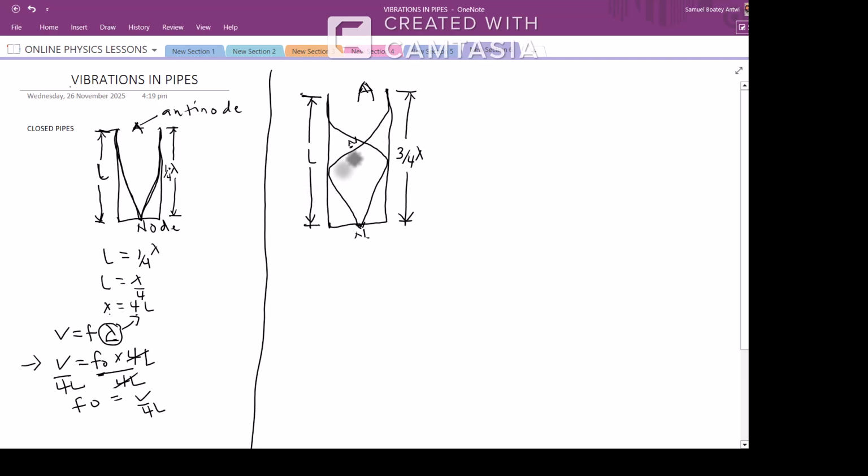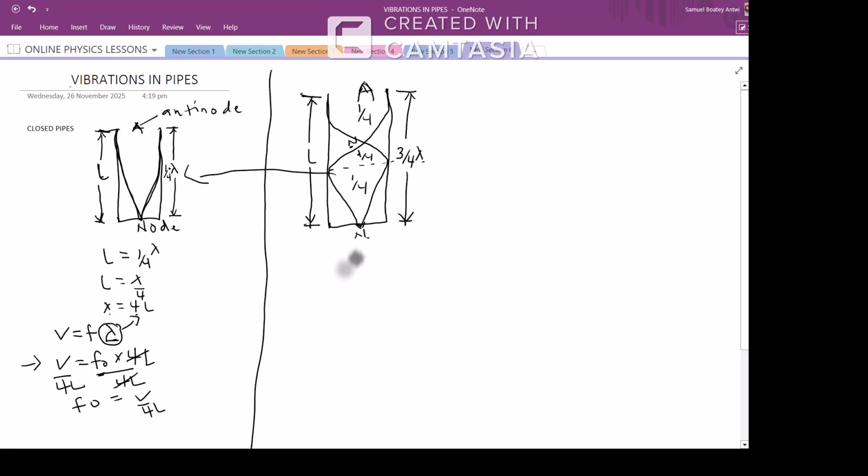So this side is 1 over 4 lambda, just like you can see from here. This side is also 1 over 4 lambda. When we put it all together for the wavelength, it becomes 3 over 4 lambda.